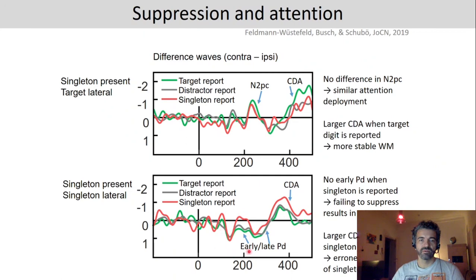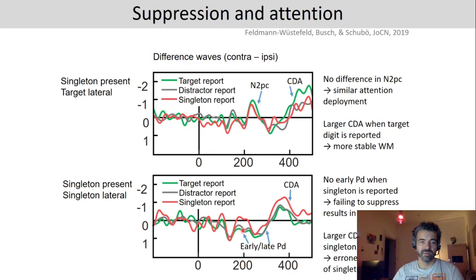So the most critical result, just to summarize this one more time, was if the PD really reflects suppression, then failed suppression of irrelevant items should result in an incorrect answer, and this is exactly what we found. There was no PD here, and the red curve indicates no PD, and indeed, because it's the red line, we see those were trials in which they ended up reporting the incorrect item, namely not the digit in the diamond, but the digit in the red circle.